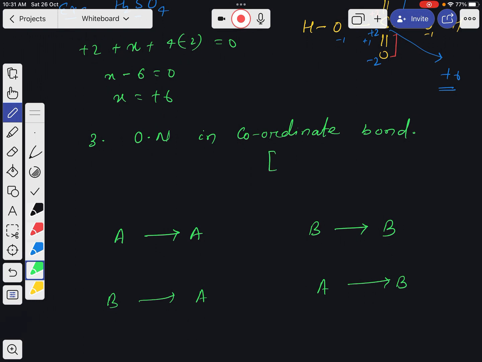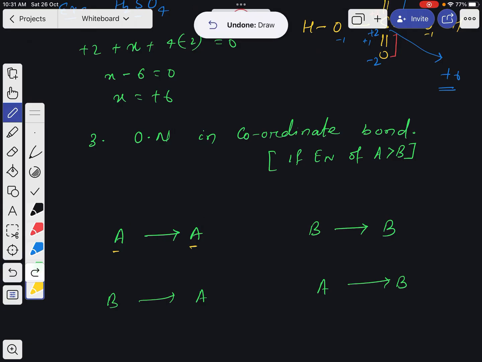And also assume the electronegativity of A is greater than B. Here the electronegativity in both cases is the same, so the oxidation number is 0 in A. If you assume this, then this is not true. This is a coordinate bond, this is not a covalent bond.